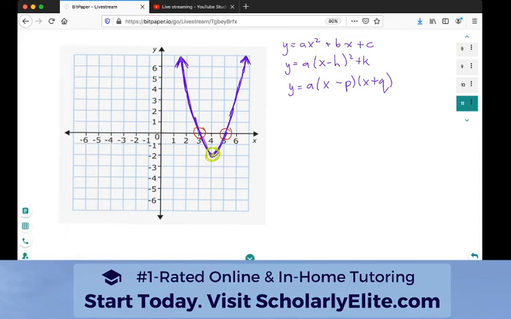Okay, so let's do a vertex form here. So remember that our vertex form looks like this. And we know that the value of the vertex, just as a coordinate, is -2 and, oh, I lied. That's the y. My bad, guys.